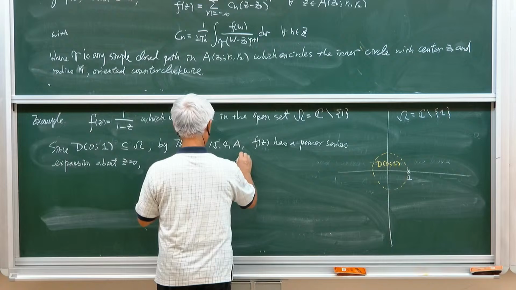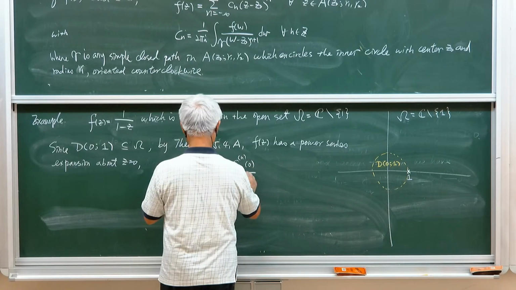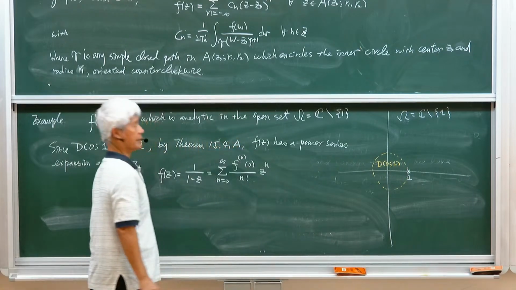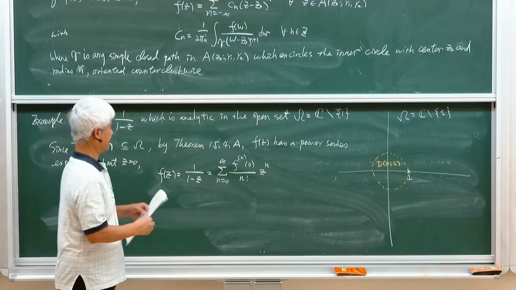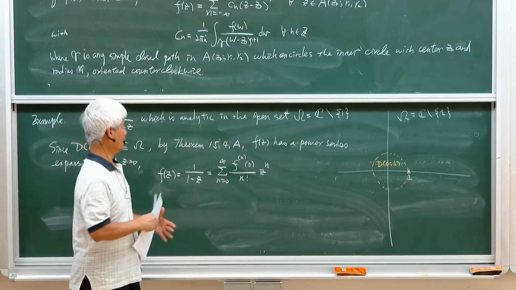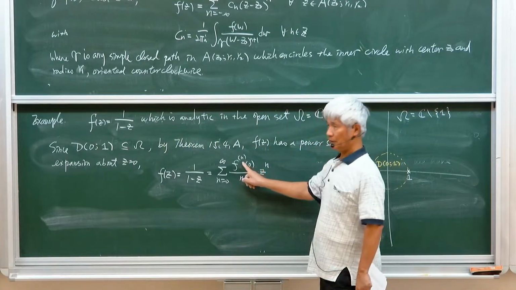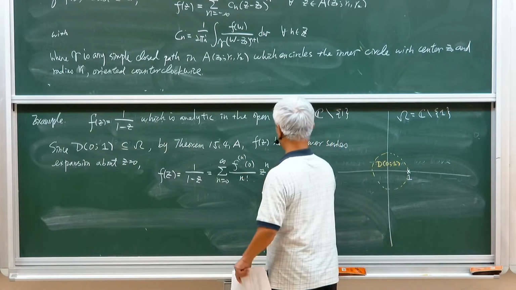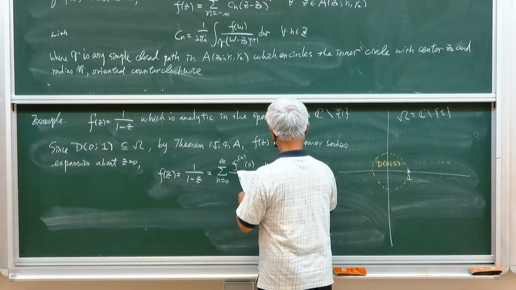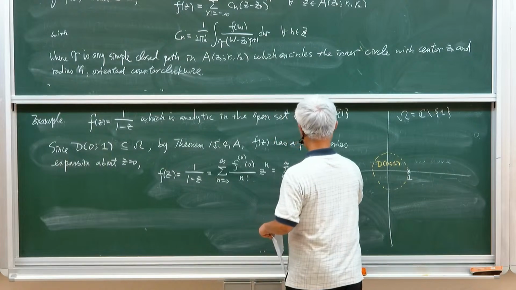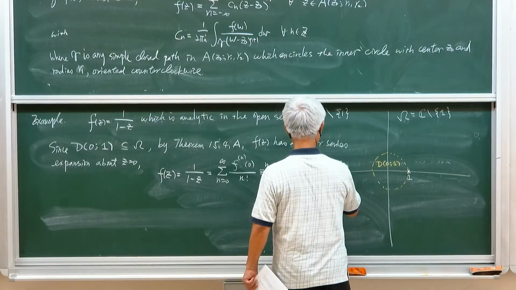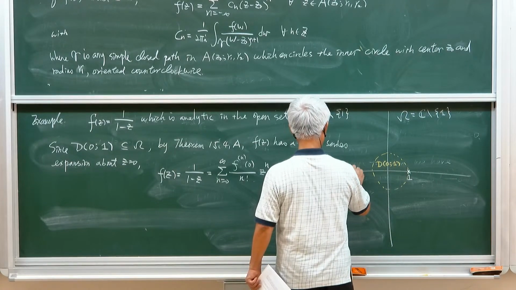All right, and we know f^(n)(0) over n factorial times z to the n. So this power series expansion is just a Taylor series expansion. And when we evaluate the nth derivative, we find that it is actually equal to n factorial, and so the coefficient is equal to 1. This representation is good for all z in the open disk with center 0 and radius 1.